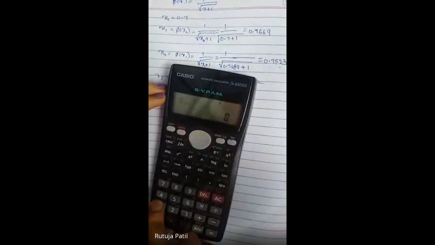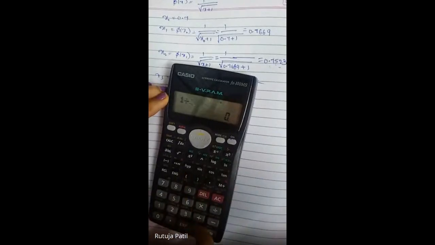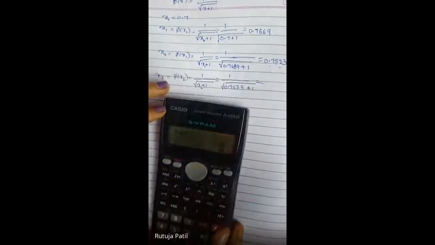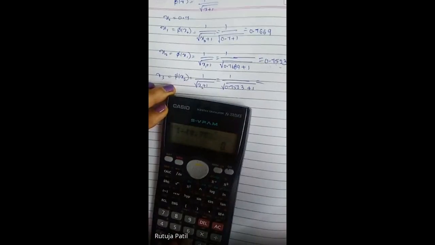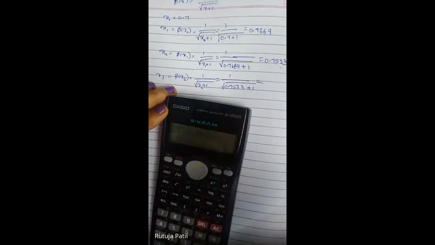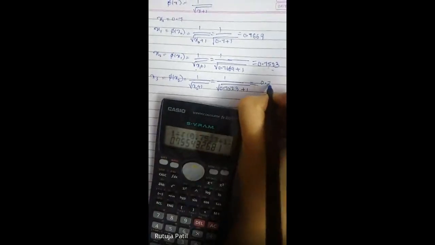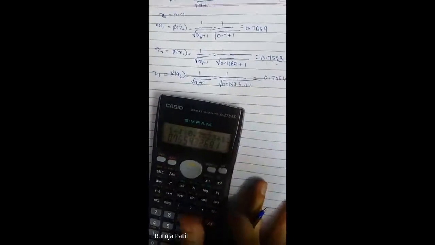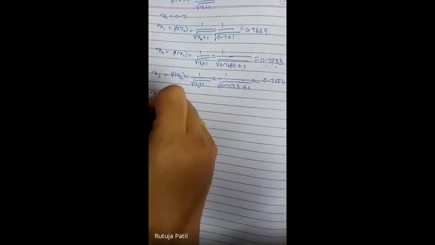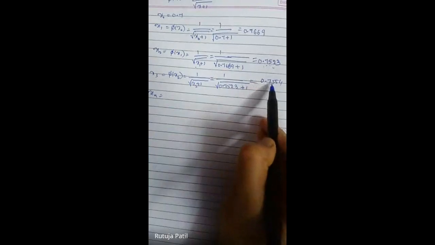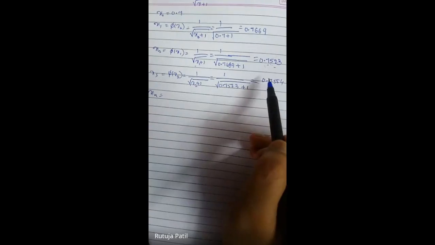So just take the calculator and do 1 divided by the square root of the complete 0.7523 plus 1. That is 0.7554. Similarly, for this iteration, we can check that again only two digits after the decimal point are the same. We need to continue this until we get four decimal places the same, right?